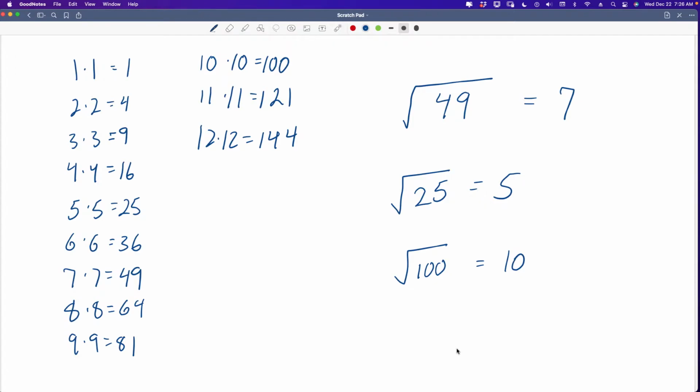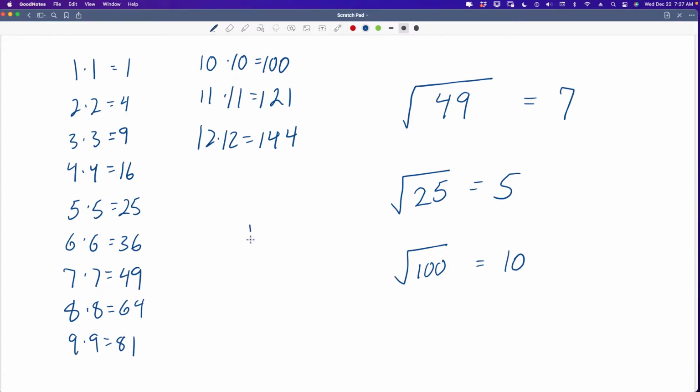And whenever you come across a square root, if you can solve it, if it's a perfect square, you need to go ahead and solve it. Most of the time in algebra, as a standard rule, we do not solve a square root that isn't a perfect square.